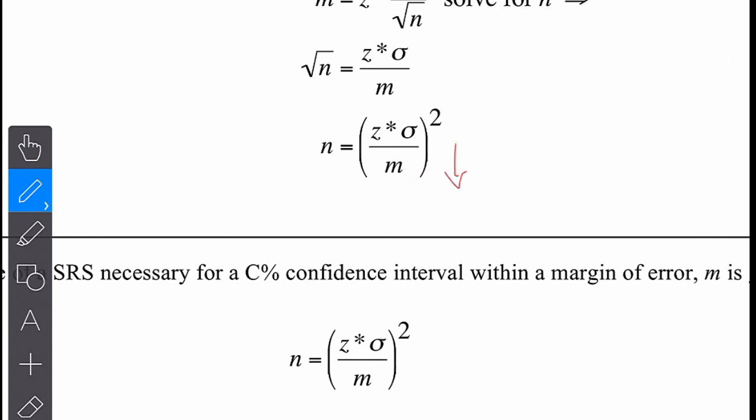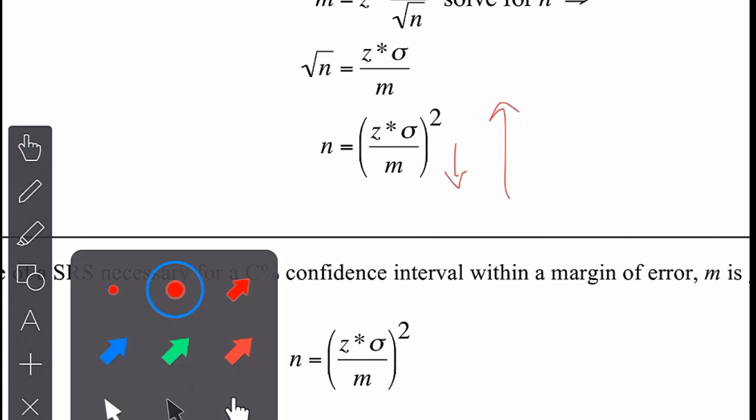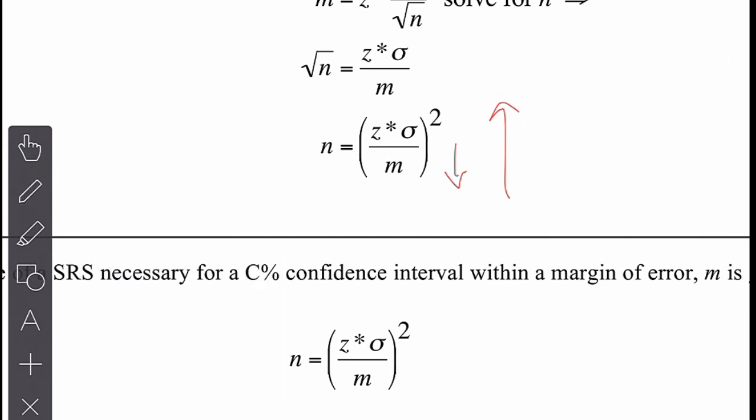If I make m smaller, wanting more precision, that'll also increase n, okay? So more precision or more confidence, both of those increase n. More information, you gotta pay for it. You gotta get a higher sample, which costs more money. All right.